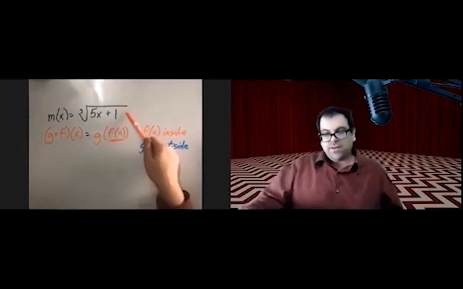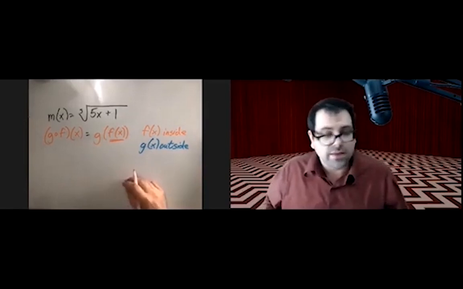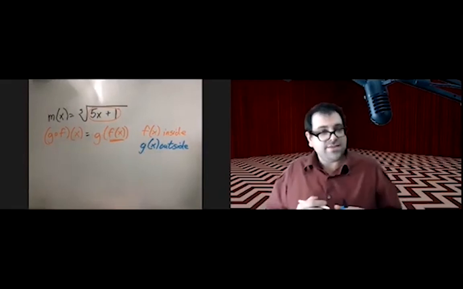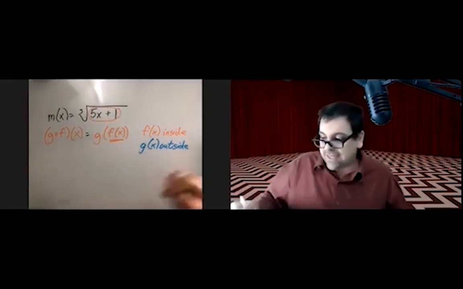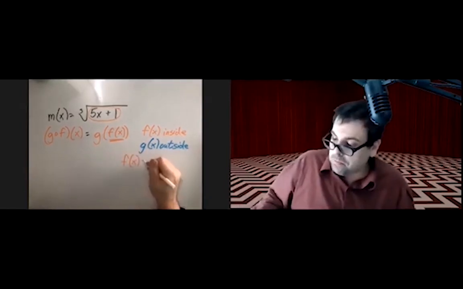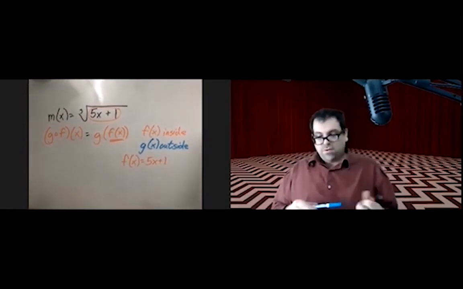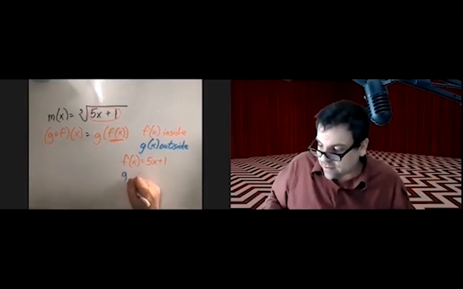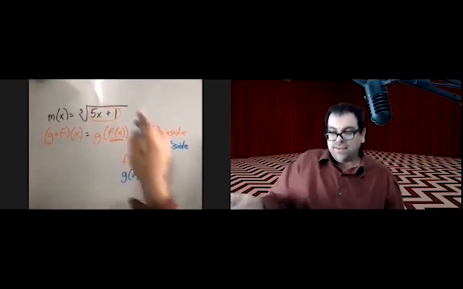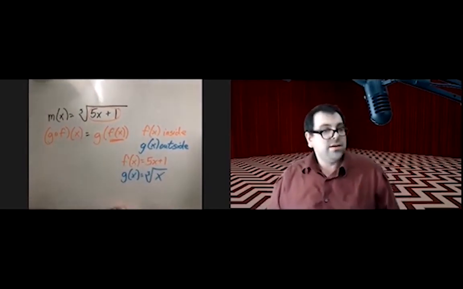So looking at our function m, what is inside of something here? 5x plus 1 is inside of something. So the inside function, f of x, must be 5x plus 1. And it's inside of what? It's going to be inside the outside function. It's inside this cube root. So cube root of x must be g.